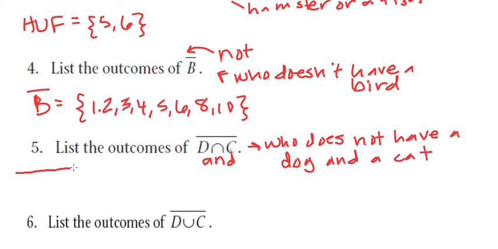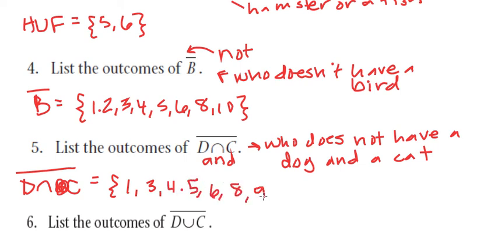So if you want to know who does not have a dog and a cat, oops, that should be a C. Well, the only people that have a dog and a cat are 2, 7, and 10. So that would be everyone except for 2, 7, and 10. So that would be 1, 3, 4, 5, 6, 8, and 9, because those are all the people that don't have a dog and a cat.